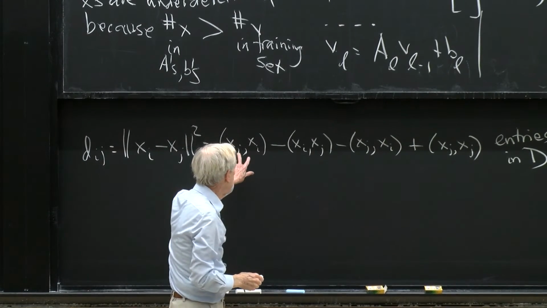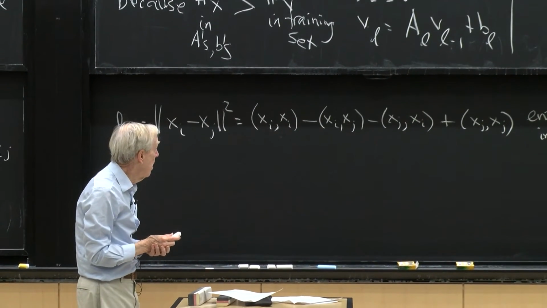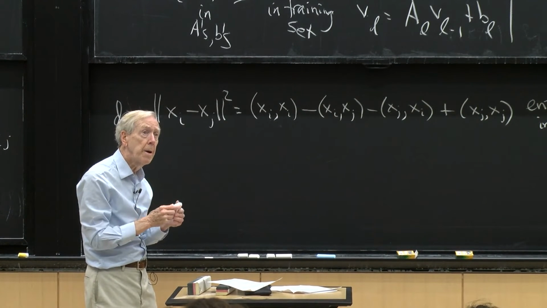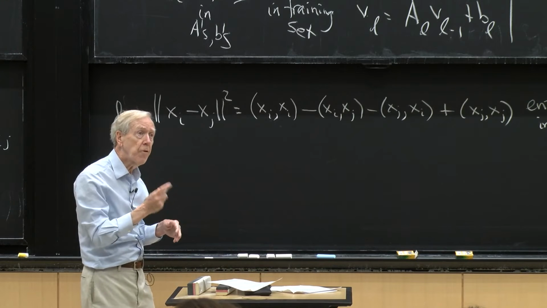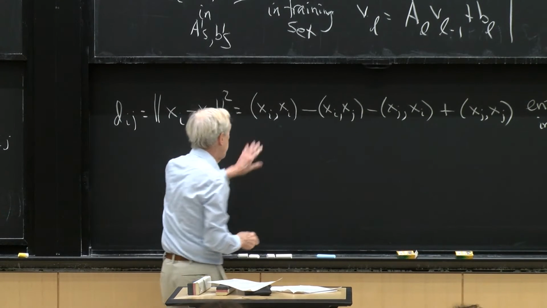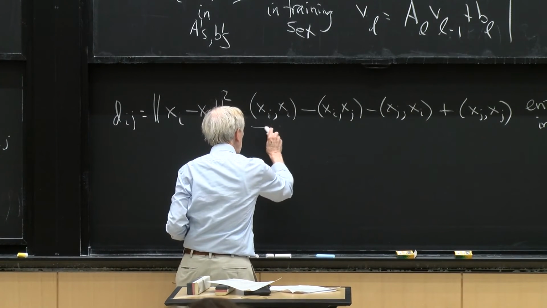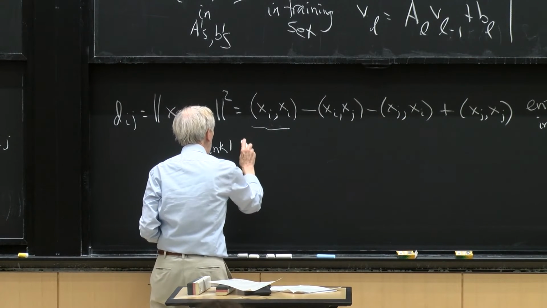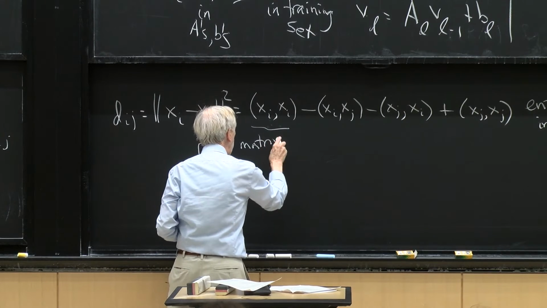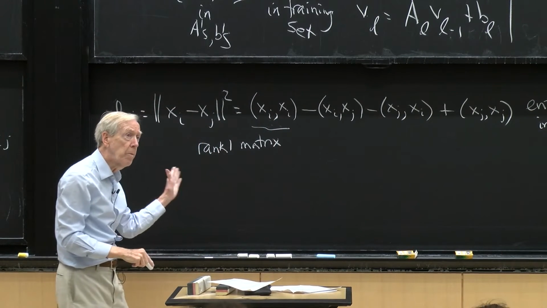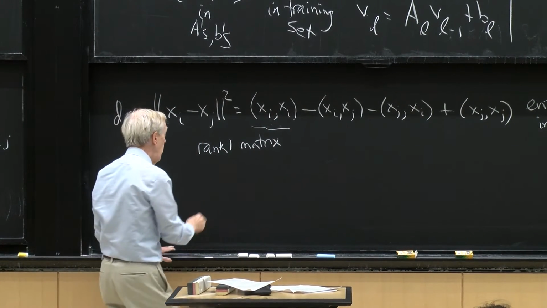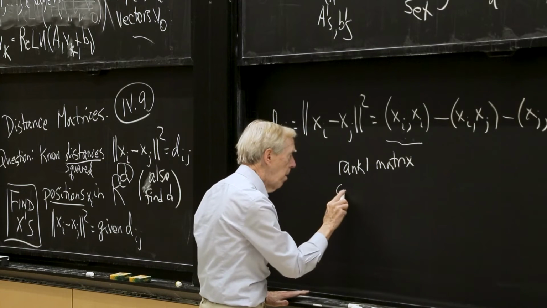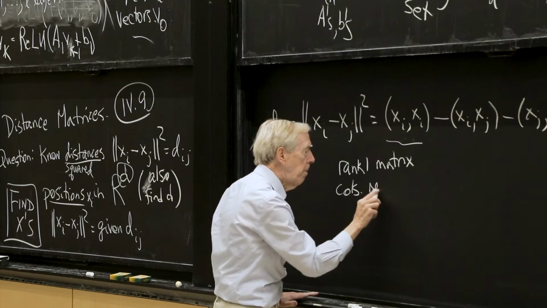Well, these entries depend only on i, they're the same for every j. So this part will produce a rank 1 matrix, because things depend only on the row but not on j, the column number. So columns repeated.